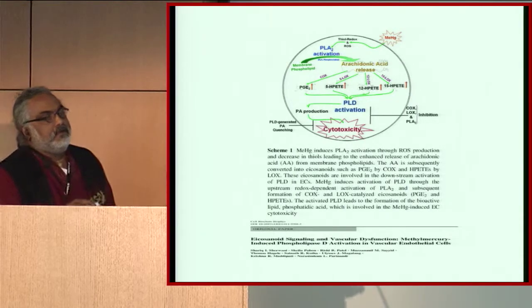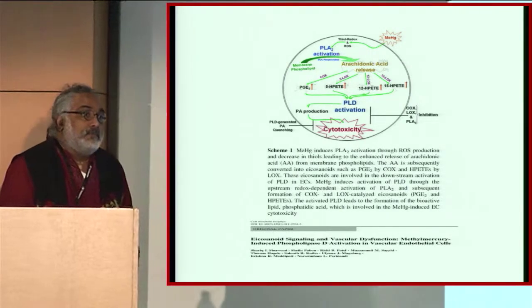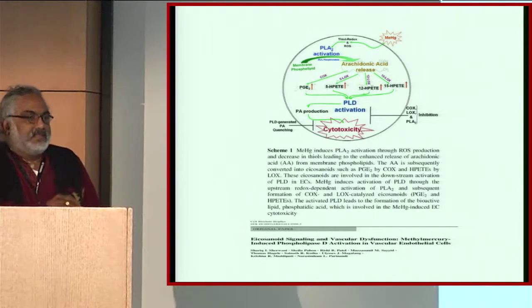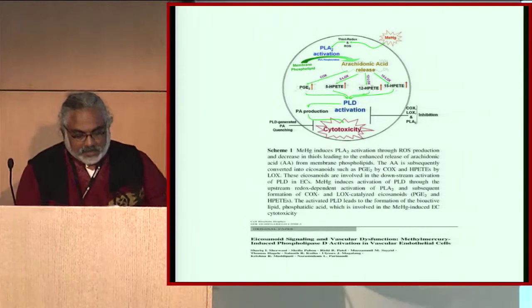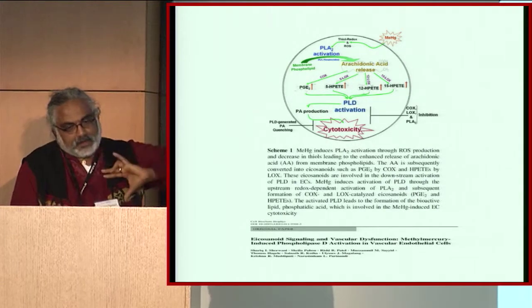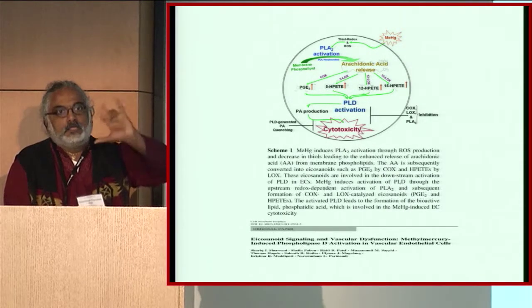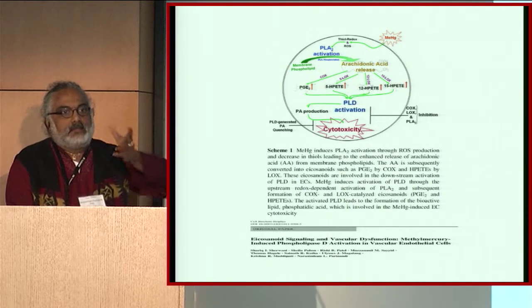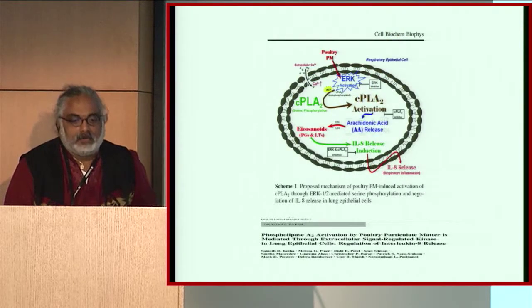They then trigger phospholipase D, and phospholipase D makes phosphatidic acid. This connection is also published, and we are interested in how, in the lipidome, 2 to 3 lipid metabolizing enzymes talk to each other and control lipid metabolism.